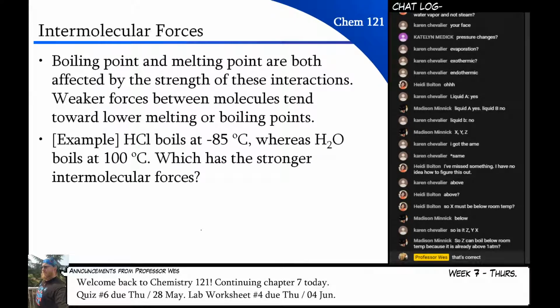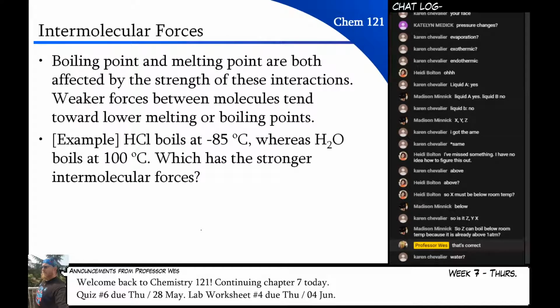Which will stick together and resist boiling? HCl or water? Which will stick together more tightly? Which has the stronger intermolecular forces?